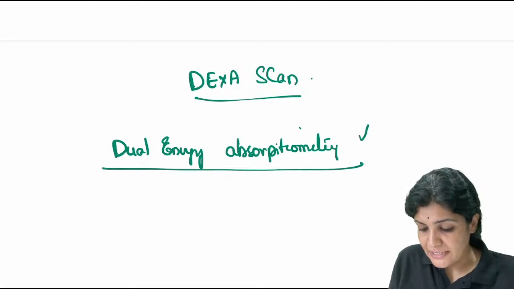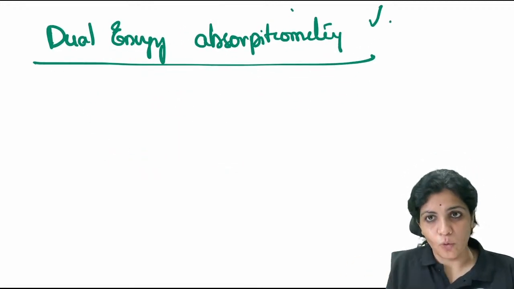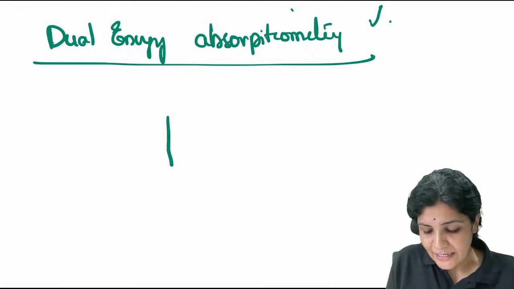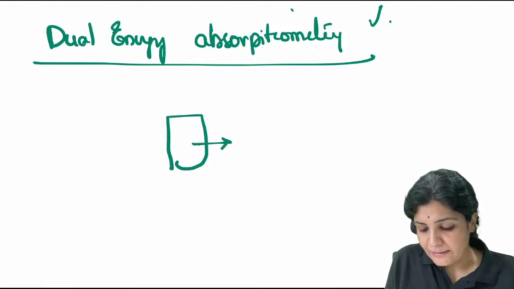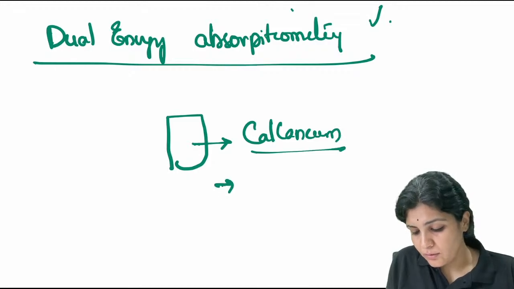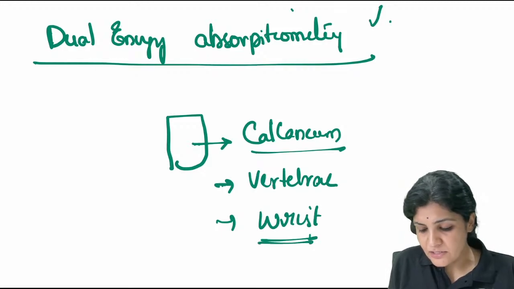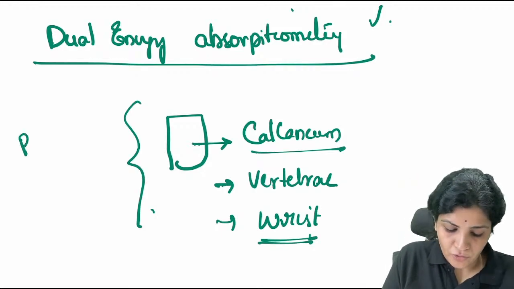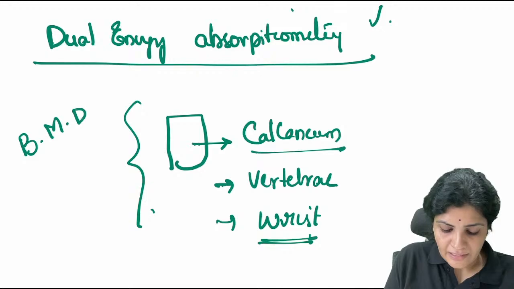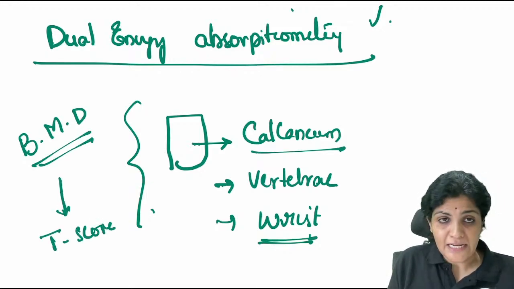So we use this DEXA scan, and this is nothing but the same X-rays at a lower energy, right? These X-rays are used to scan the calcaneum or vertebrae or the wrist, and this is used for evaluation of your bone mineral density, and these are compared to the T scores and the Z score.